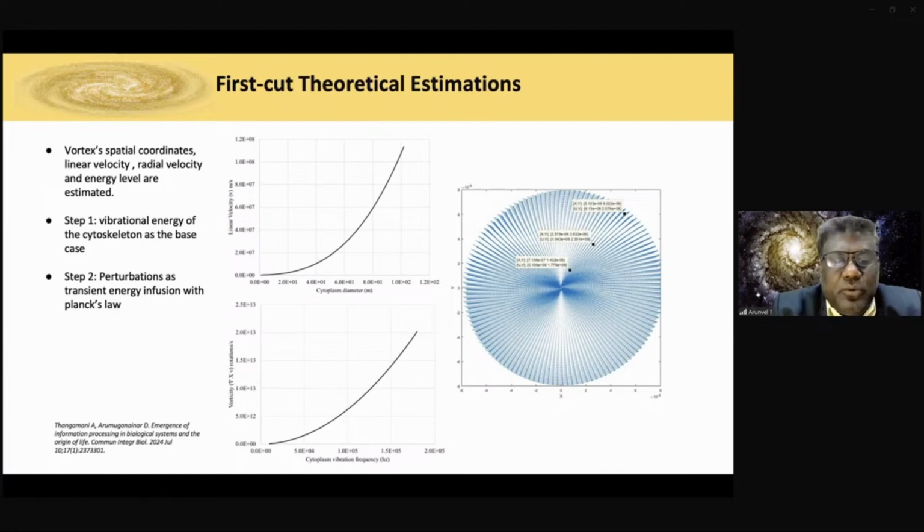Then, as step two, we have taken the cases of perturbations. Each perturbation, electromagnetic or mechanical, is taken as a waveform, and these waveforms are subjected to the vorticity condition, the curl vector, based on which we have computed the energy levels and the velocity levels as well as the coordinates of the vortex.